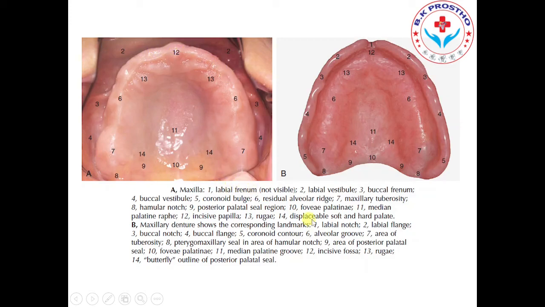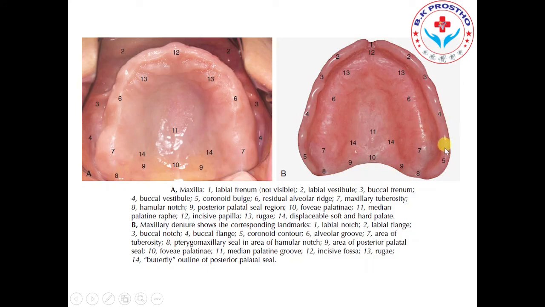Here again is the denture part: the labial notch for the labial frenum, the labial flange of the denture, the buccal flange, and the buccal notch that accommodates the buccal frenum.